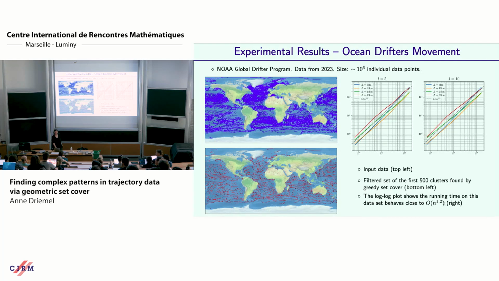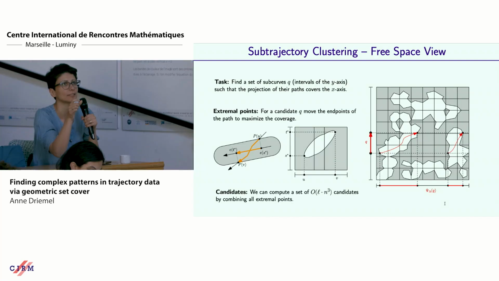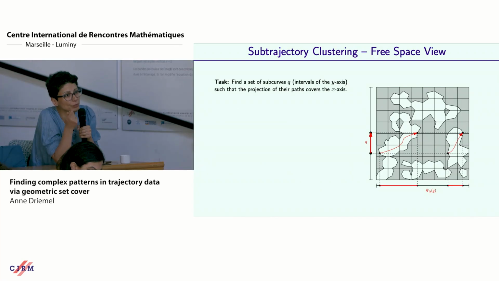Any questions from the audience? Yeah. Thanks a lot for the nice talk. I was just wondering if you can go back to the new free space that you were defining. Yeah, here. So it's with respect to a given curve, right? Yes. You consider everything based on a given curve.